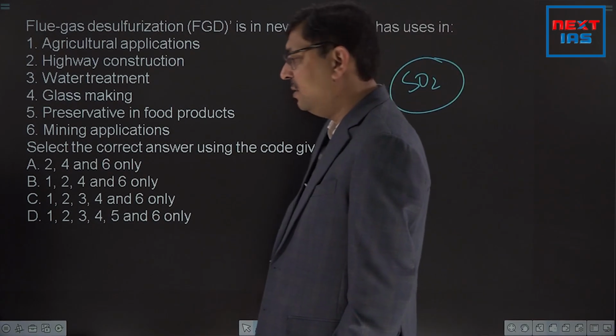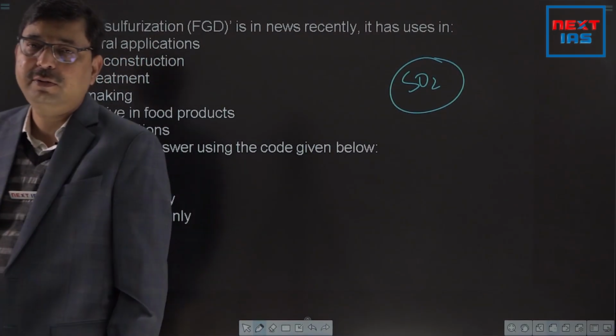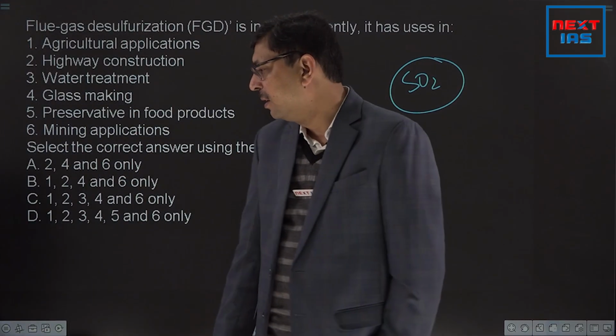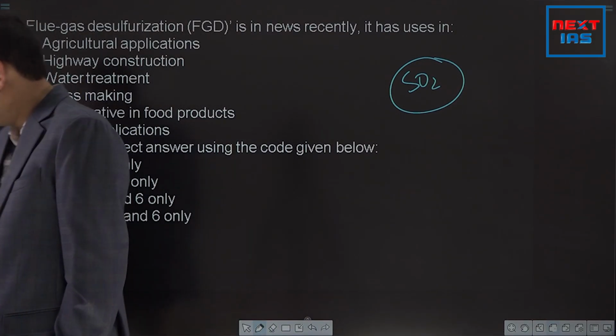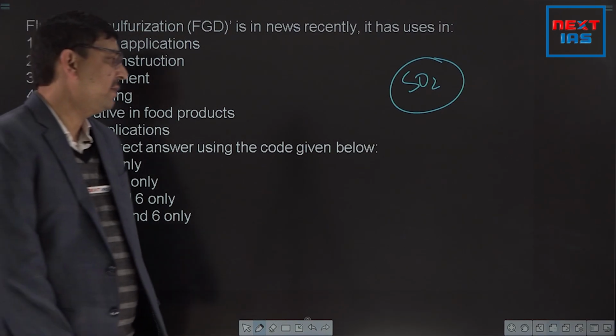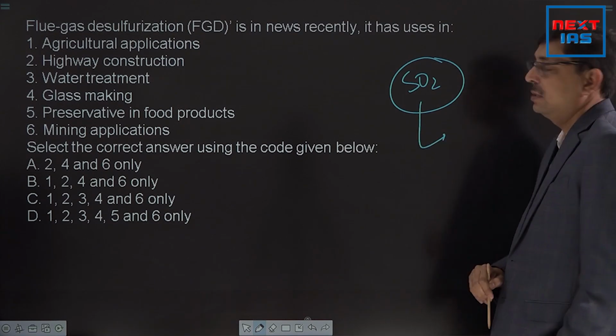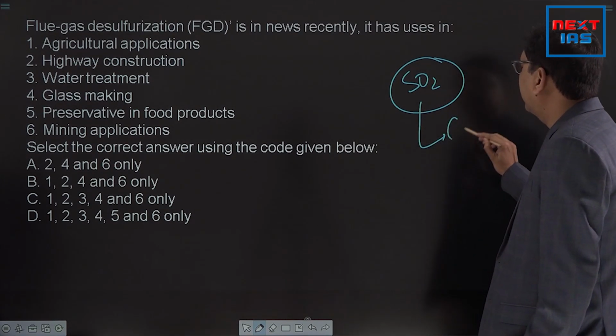So in flue gas desulfurization, we are looking to address the problem of sulfur emissions. So now what do we do with it? Basically, here the sulfur dioxide is converted into some other material, a very good synthetic material, calcium sulfide.